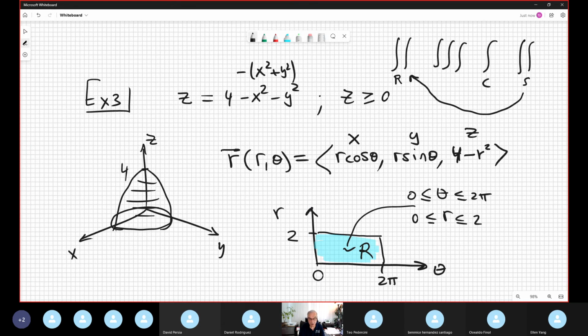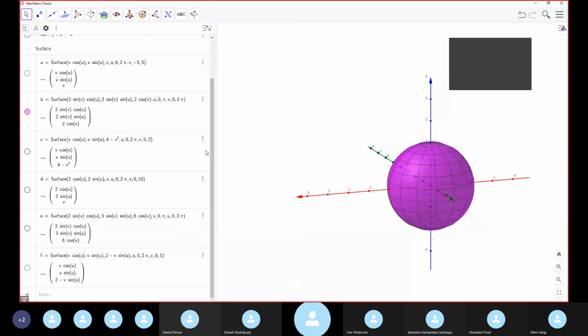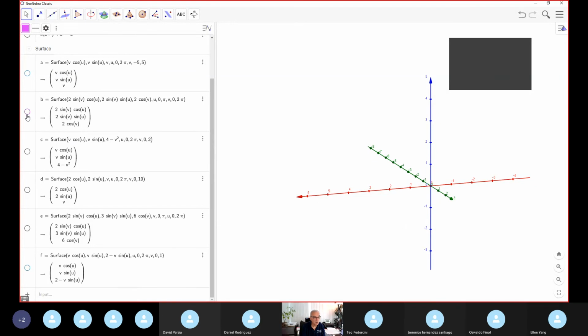To see the paraboloid in GeoGebra. Okay, paraboloid in GeoGebra. That was the sphere, right? The third example is the paraboloid that I copy with b, not r. r cosine theta is b cosine u, comma, b sine u, comma, 4 minus b squared, that is 4 minus r squared.